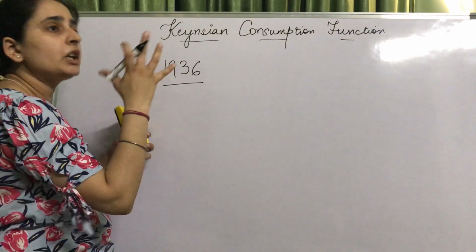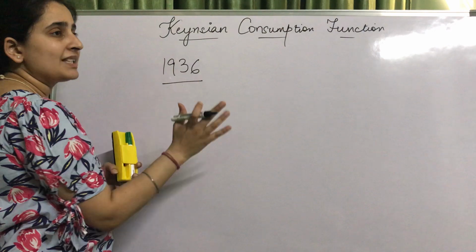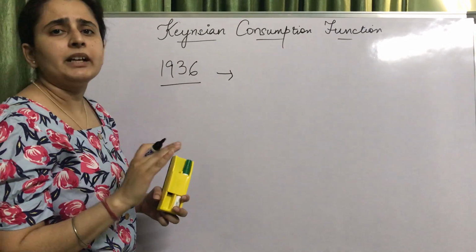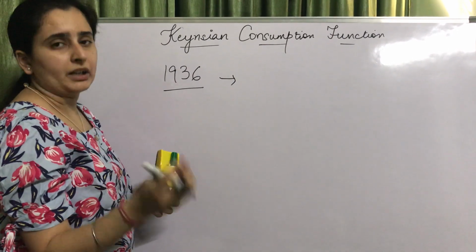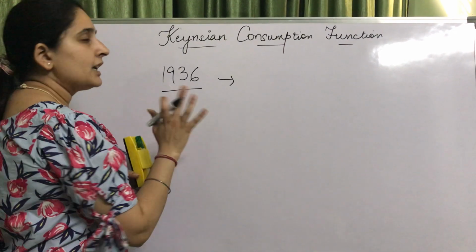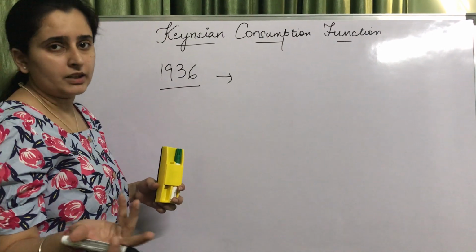He gave his theory of consumption, and his theory was based on the idea that there are certain factors that affect our consumption. Some are objective factors and some are subjective factors. We will discuss subjective and objective factors in the end. But there are some factors that affect consumption. I think we all agree to this, right?